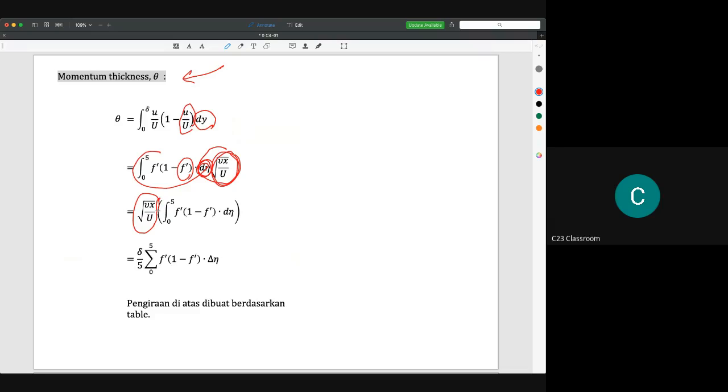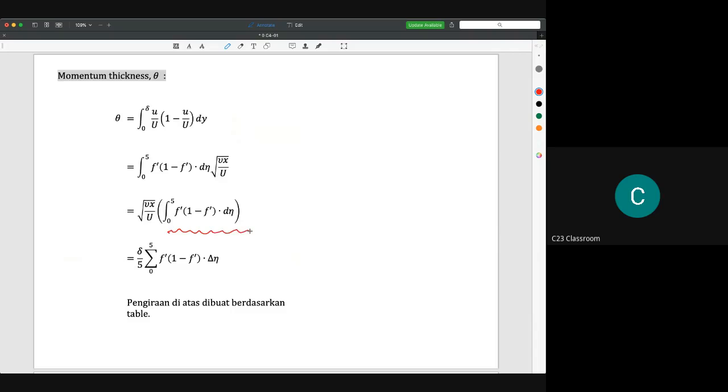Now we need to solve this one. Again, bear in mind that in Blasius we are solving the problem based on the calculation table, so we need to do this according to the values in the table.